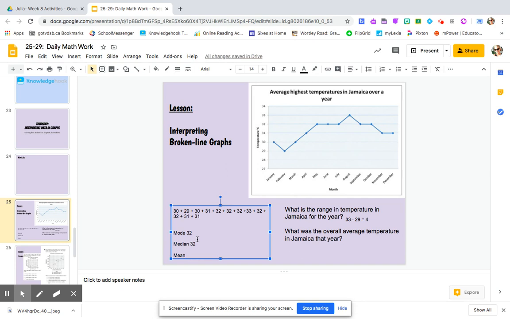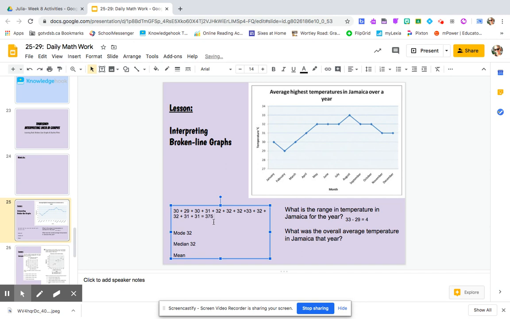So when we do this to find the mean, we are going to add those up and come up with a total. So I'm going to go ahead and put those in on my calculator in my hand here. So 30 plus 29 plus 30 plus 31 plus 32 plus 32 plus 32 plus 33 plus 32 plus 32 plus 31 plus 31 equals, and I'm going to get 375.